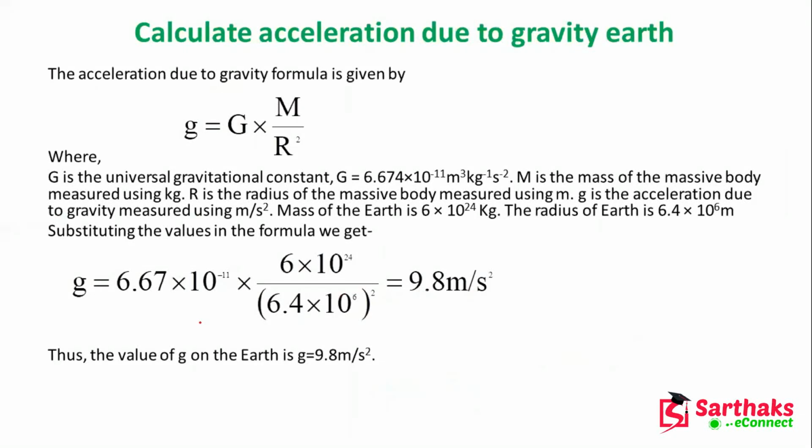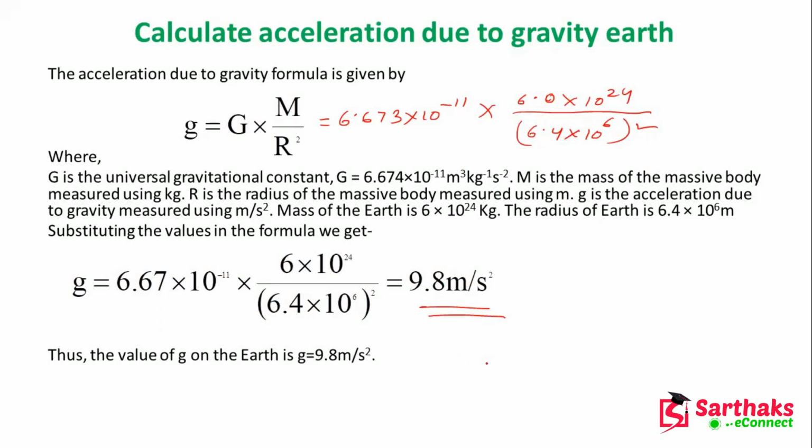Now for acceleration, if we calculate, g is how much? You know 6.673 into 10 to the power minus 11, mass of earth is 6.0 into 10 to the power 24 kg, and R is 6.4 into 10 to the power 6, whole square. After evaluating this, you will get 9.8 meter per second square.